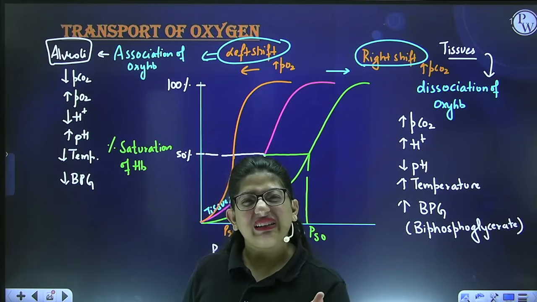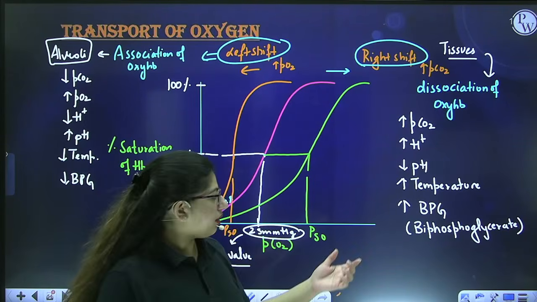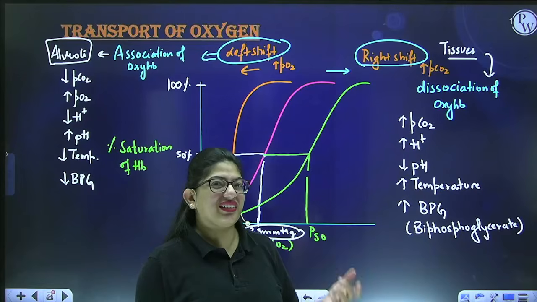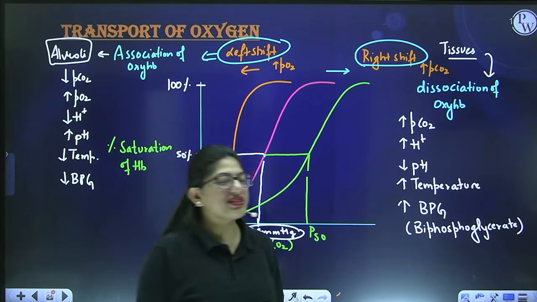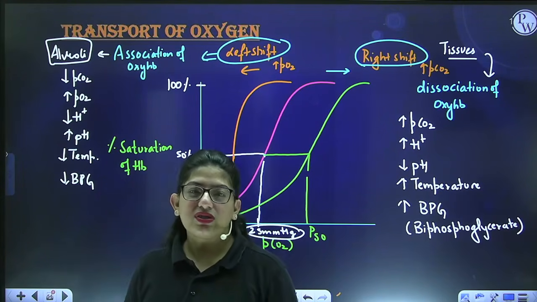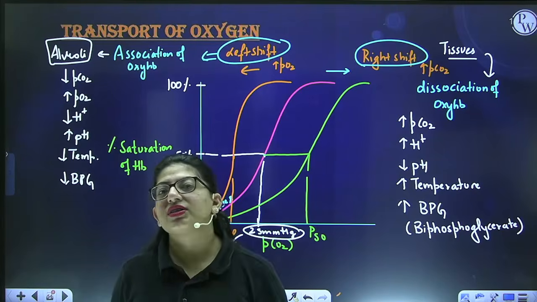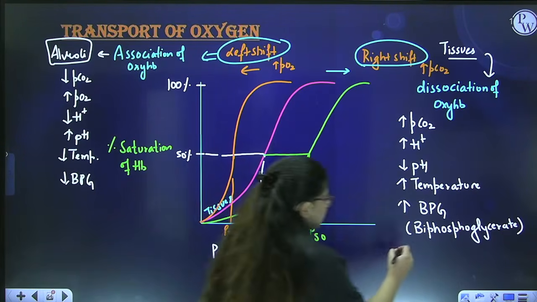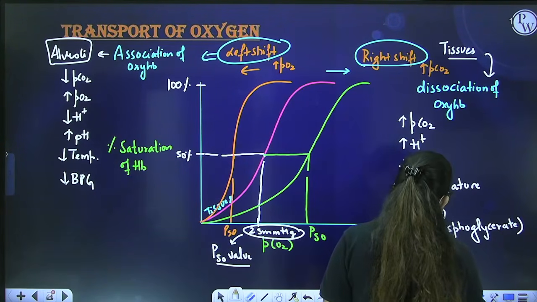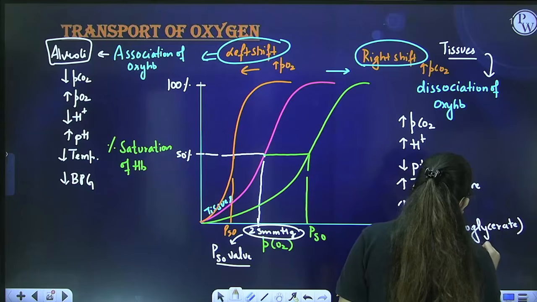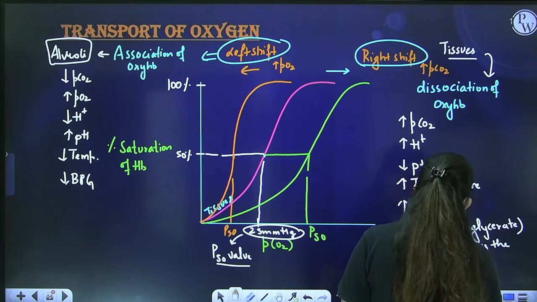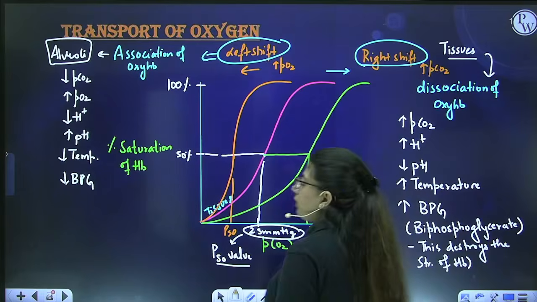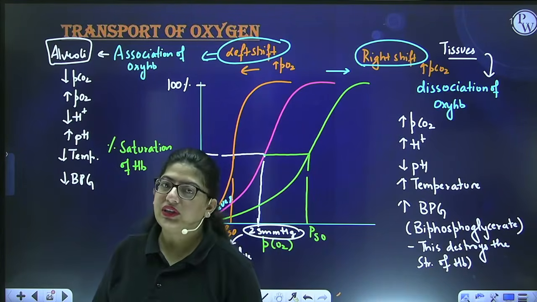Di or bi, same. Sometimes I speak Hindi also. So biphosphoglycerate is formed, and when its concentration is more, it destroys the structure of hemoglobin. So this is how it will lead to dissociation of hemoglobin with the oxygen.